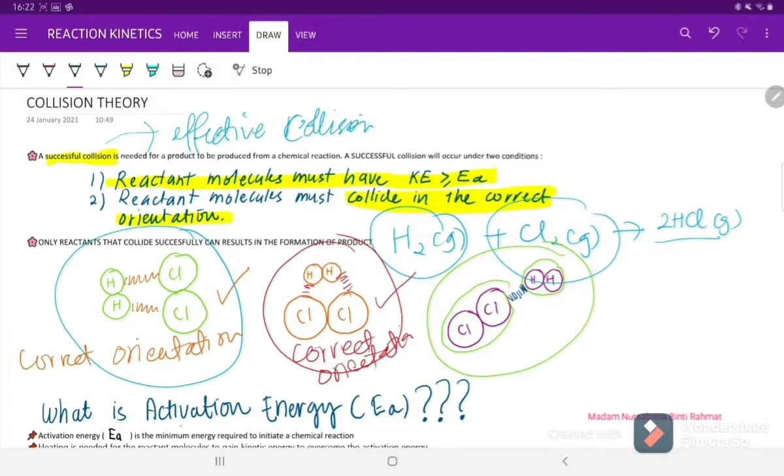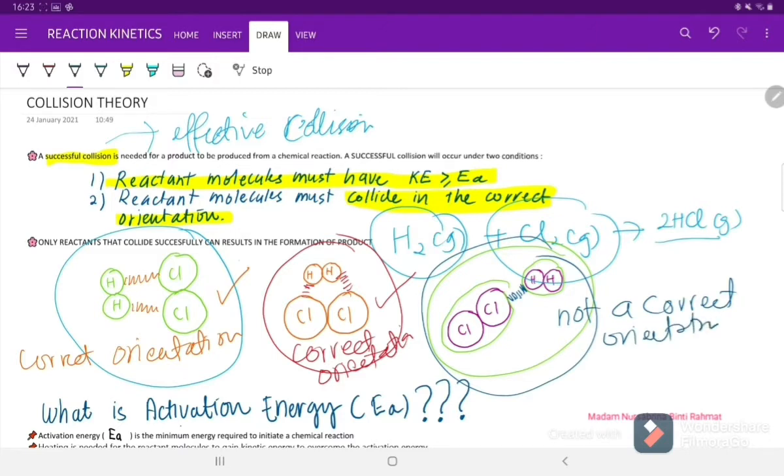So only one H and one Cl collide perfectly and can form one HCl, whereas the other hydrogen atom and the other chlorine atom are not facing each other, so they are not in the correct orientation. As a result, this setup is not a correct orientation. Therefore an unsuccessful collision takes place, and clearly no product can form.